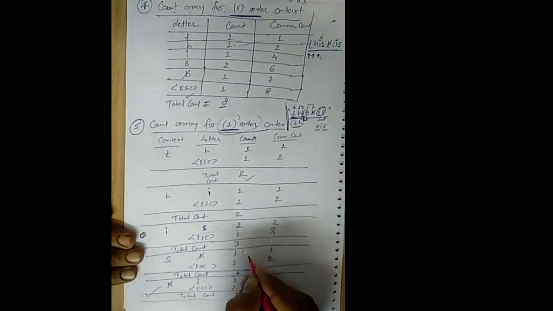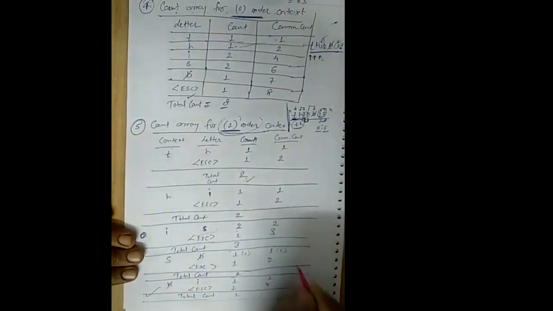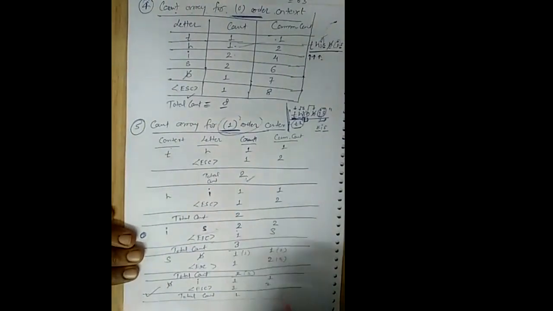Here you can see the B space has been generated in my first order context. So what can I do for that one? Again, I need to update the count from 1 to 2. Here it is 2. Then the escape sequence updates again to 3 and the total count will become 3.